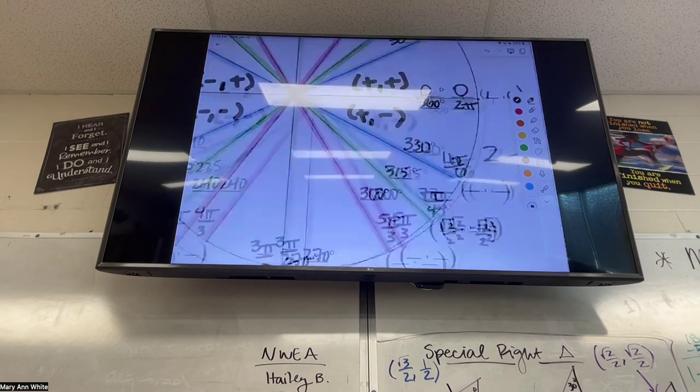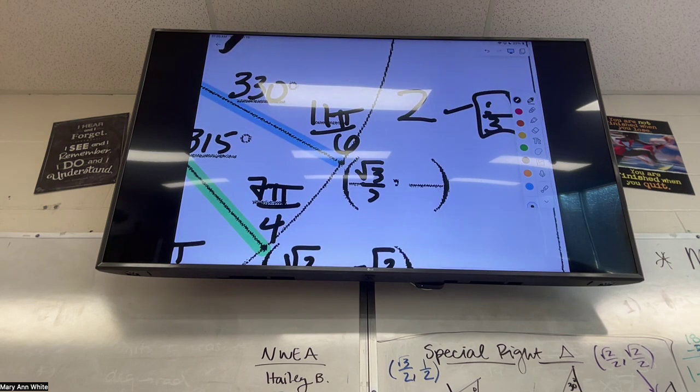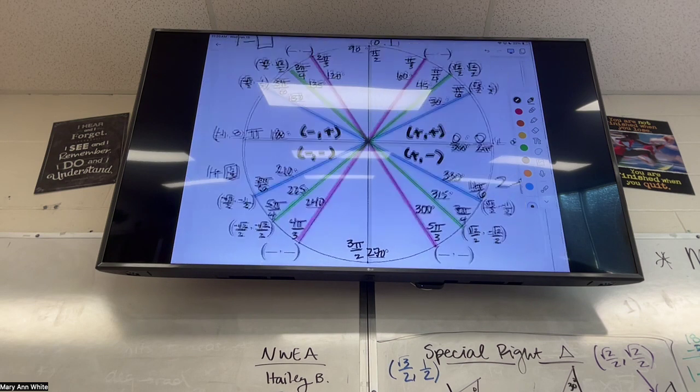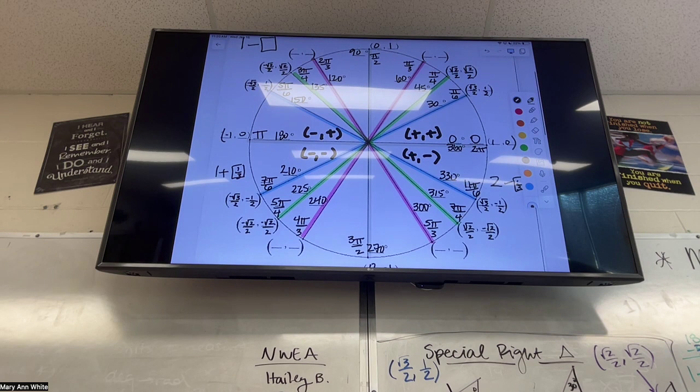And then when I go to the bottom right, I need a positive x and a negative y. So we just added all of these. √3/2, 1/2. Positive, negatives, all that fun stuff. We added those blue guys.